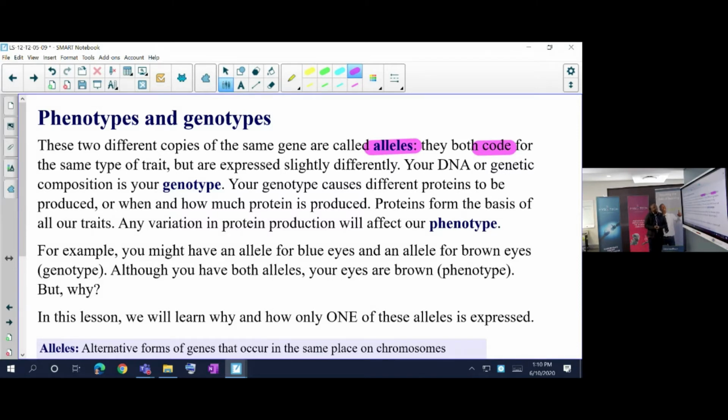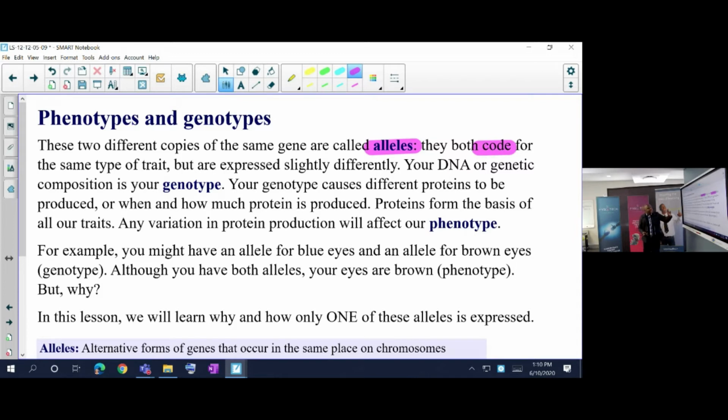What do we mean? When we take our trait as the color of eyes, which means the gene that codes for the color of eyes becomes our trait. But the color could be brown, the color could be blue, as an example, right?